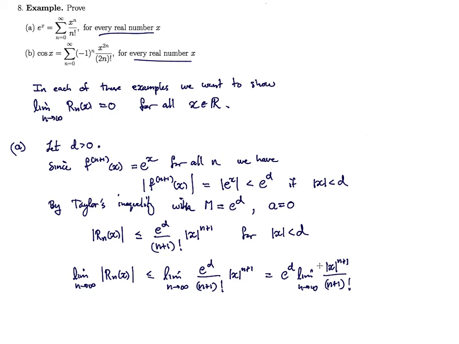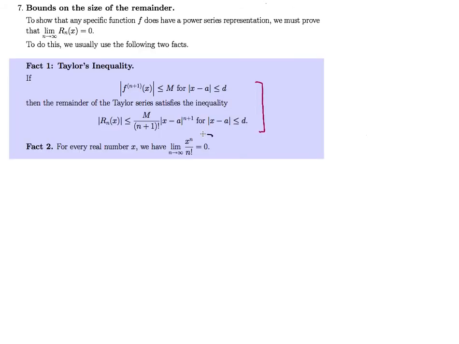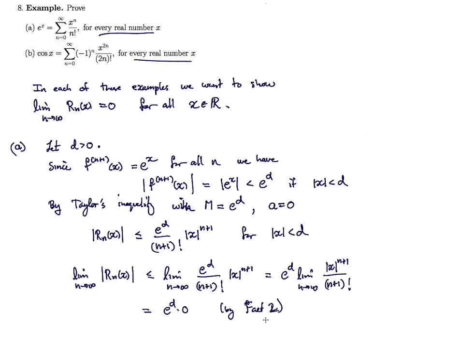Well, one thing to observe is that the only thing that we needed d for was to bound the derivative, and now that d appears out here. It has nothing to do with the limit. And this limit, by fact number 2 on the previous page, is 0. So that's e to the d times 0, by fact number 2 in that Taylor inequality box. Just skip back to it. This fact right here: the limit of x to the n over n factorial as n goes to infinity is 0. So we're going to use that. And e to the d times 0 is 0.